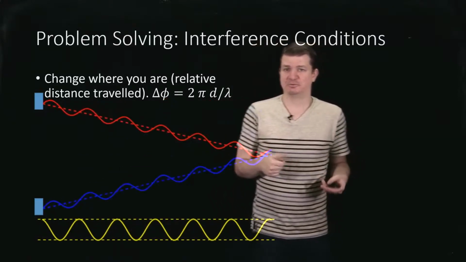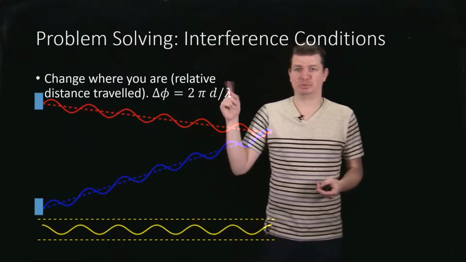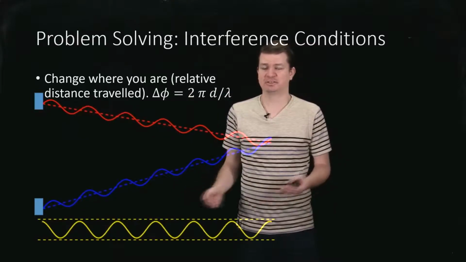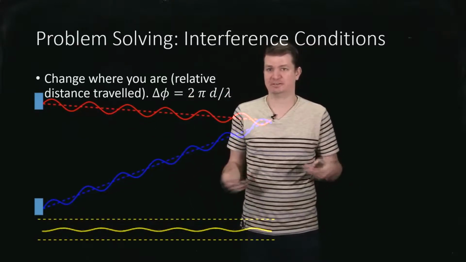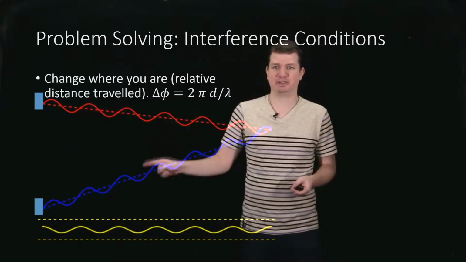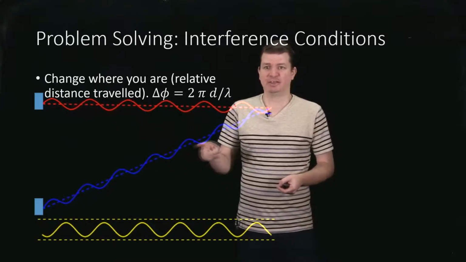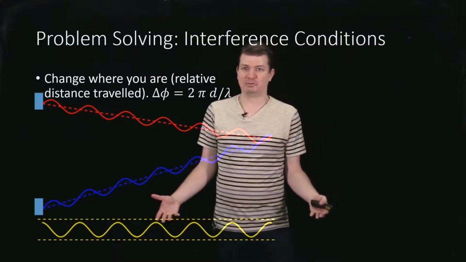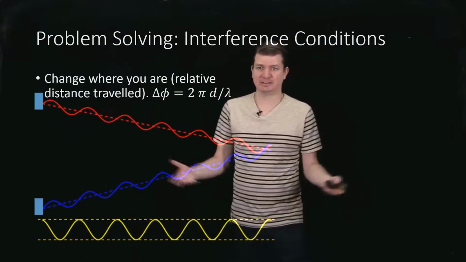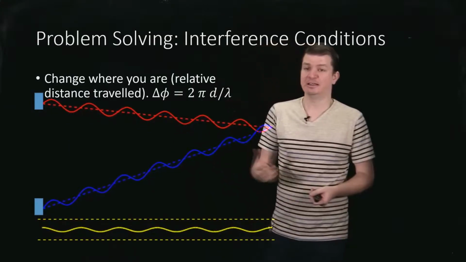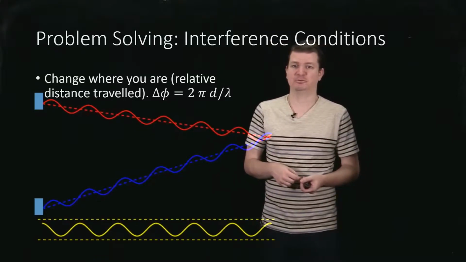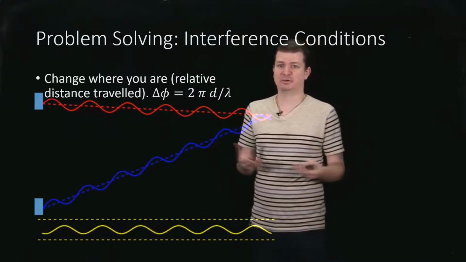d as a fraction of wavelength is basically the important part of that expression. It just says, if I shift the distance by half a wavelength, where d is the difference between the distances that the red and the blue travel, and that is half a wavelength, or 3/2 of a wavelength, or some odd multiple of half a wavelength, then I'm exactly in the case where I'm adding a peak of one wave to the trough of the next one.